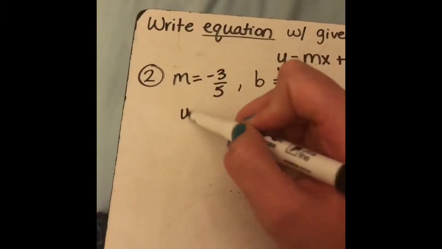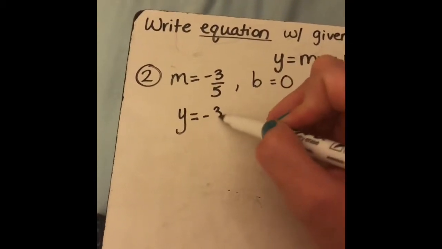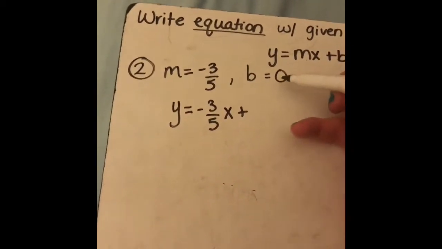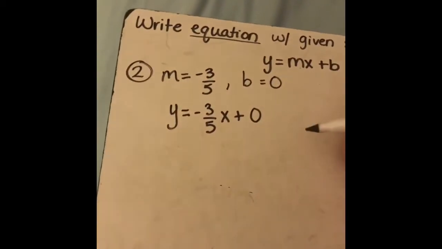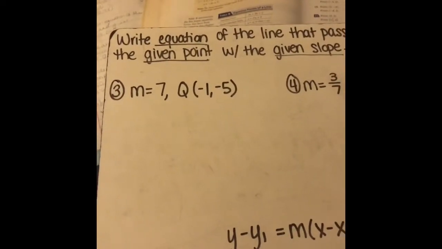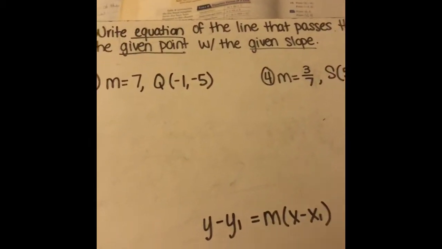So you would have y equals negative 3/5 x plus 0. Okay, so for these next two, it's write the equation of the line that passes through the given point with the given slope.